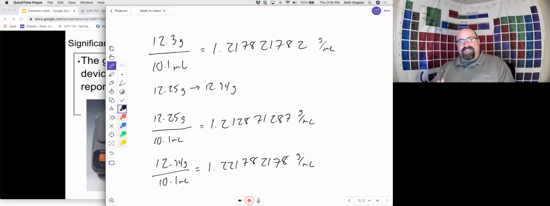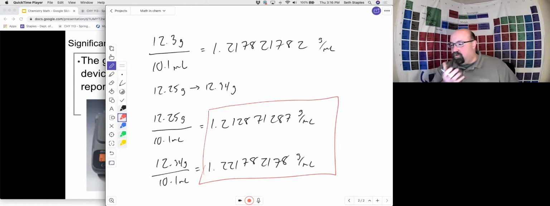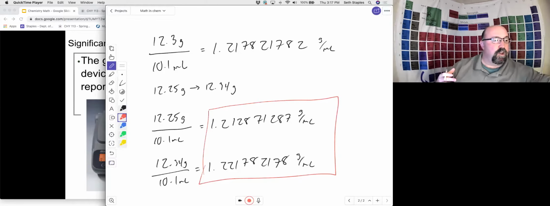And so realistically, the density of this object is somewhere in between these two numbers. And I don't know where it is in there because the accuracy of the measuring device that I use for mass only allows me to go to the 10th spot.